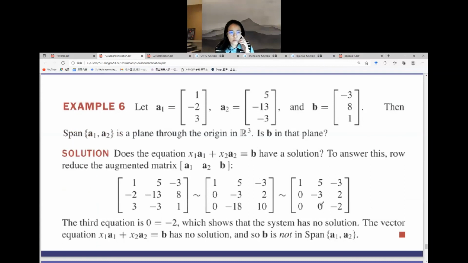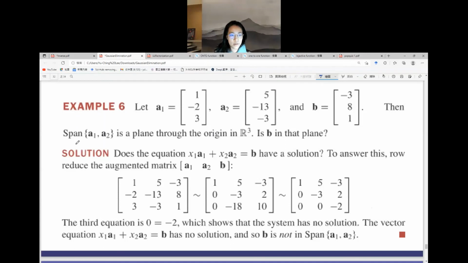And the next example says that we have an A1 vector, an A2 vector, and a b vector. Then the span of a1 and a2 will be a plane.